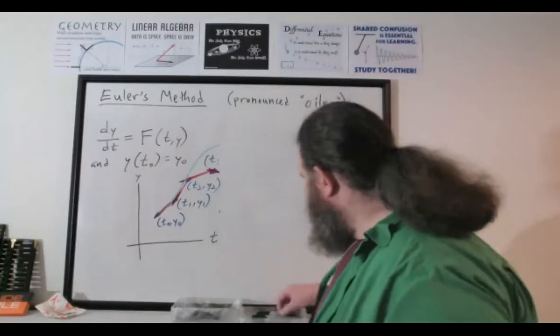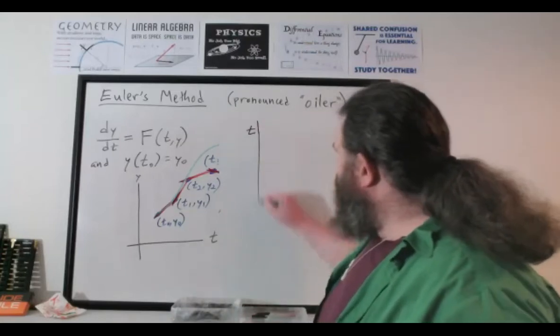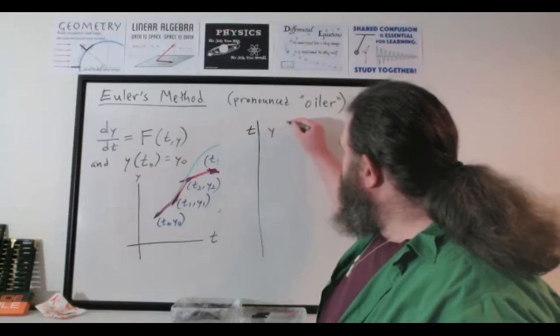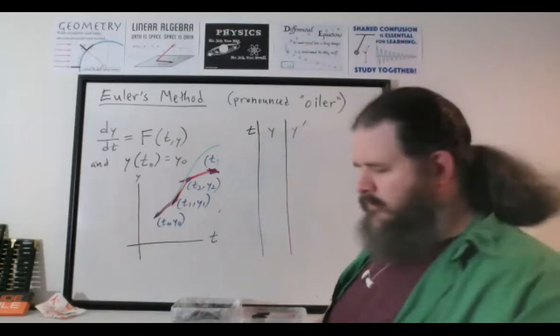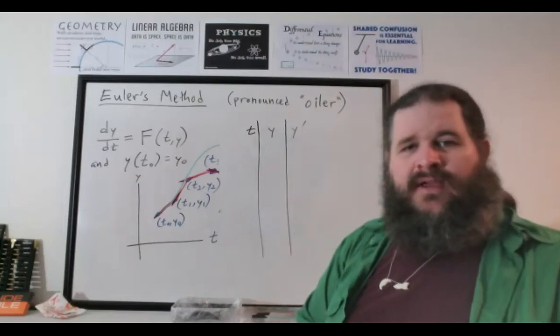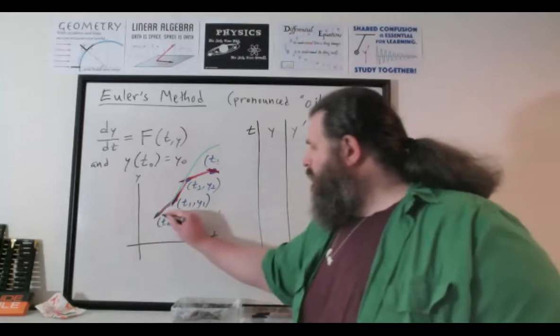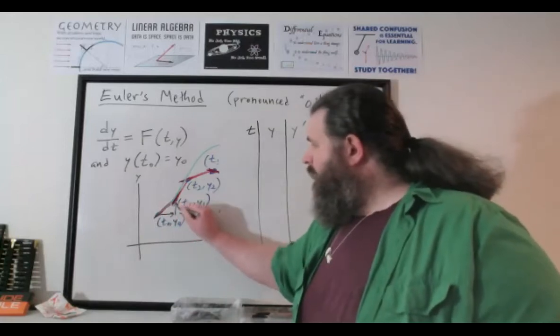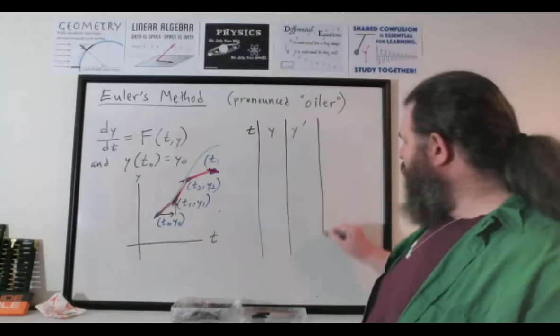So let's say we make a data table with columns for t, y, y prime, because we want to know the slope at each of these locations. And also we want to keep track of how far we're going in the t direction and how far we're going in the y direction. So let's call these columns delta t and delta y.